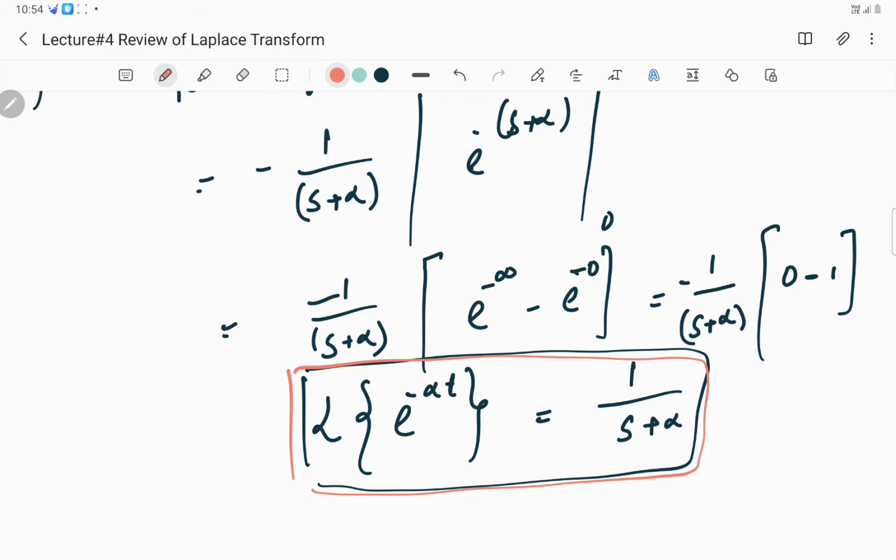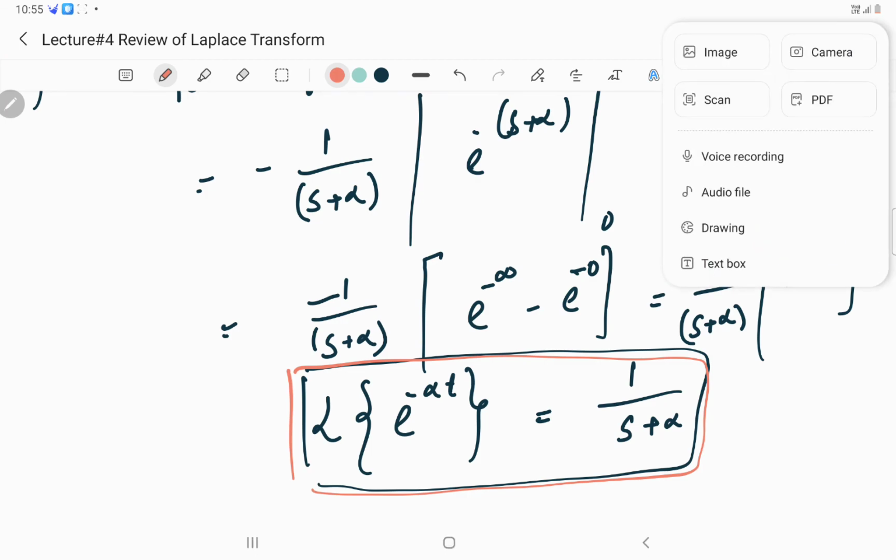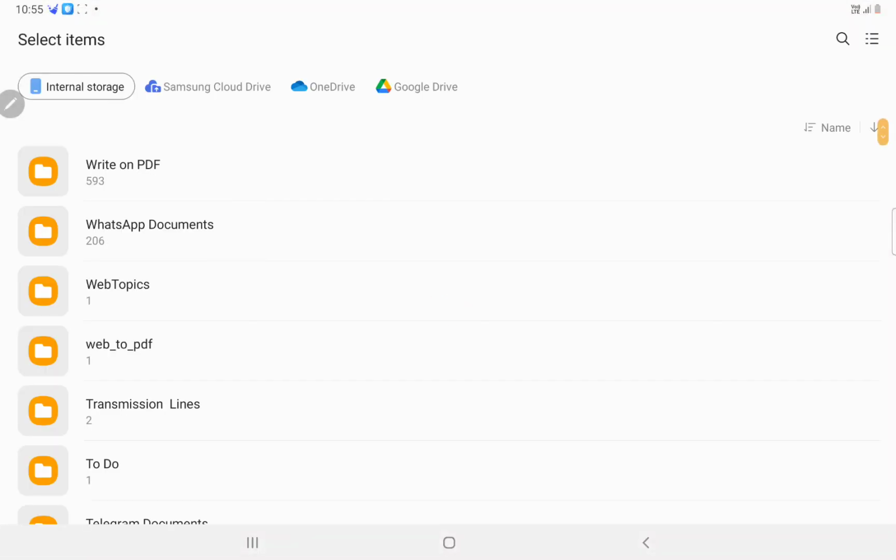Now let me show you the Laplace of functions along with their values. Rather, let me use that Laplace table. I will import this table from the already saved document, which is a PDF document. Let me upload that PDF.